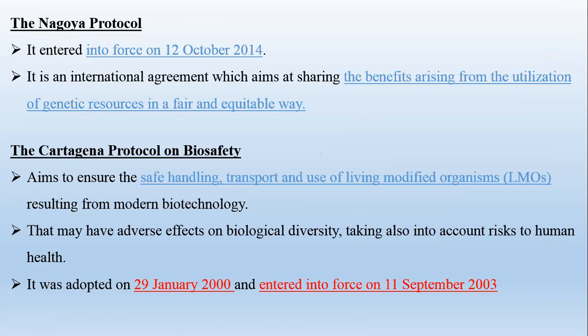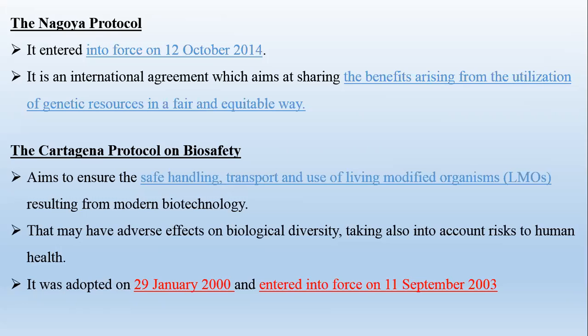Then two important protocols are there which are related to biosafety and protection of biological diversity. That is the Nagoya Protocol, which entered into force on 12th of October 2014, an international agreement which aims at sharing the benefits arising from utilization of genetic resources in a fair and equitable way.